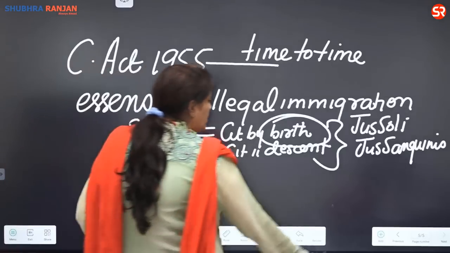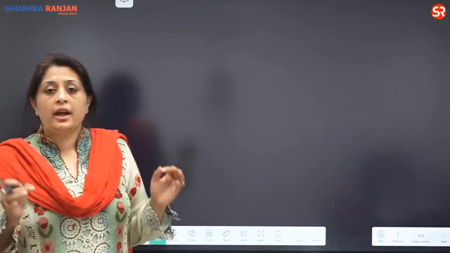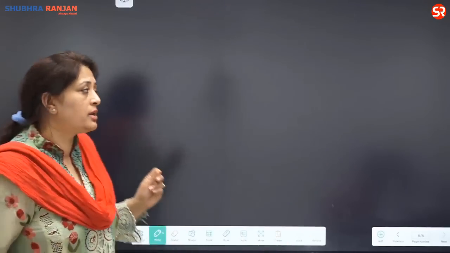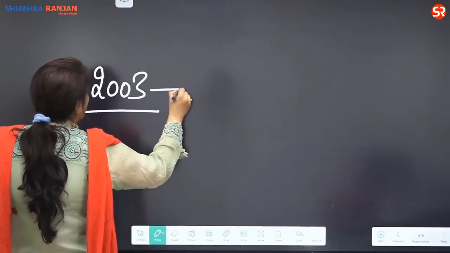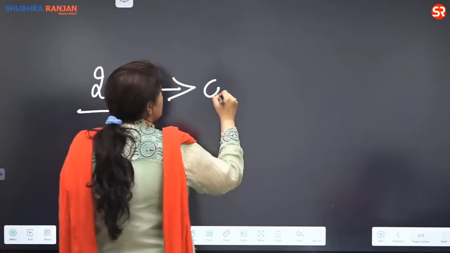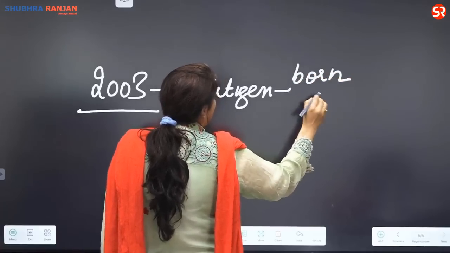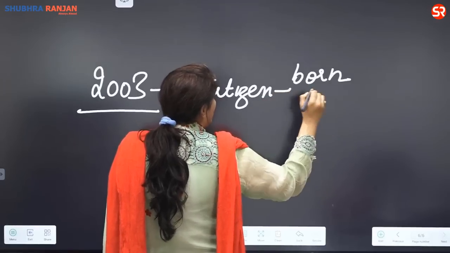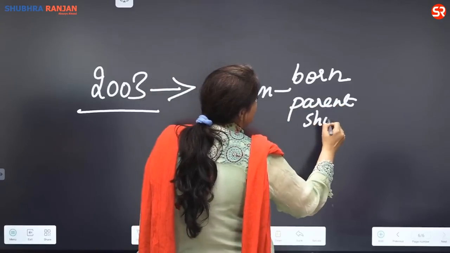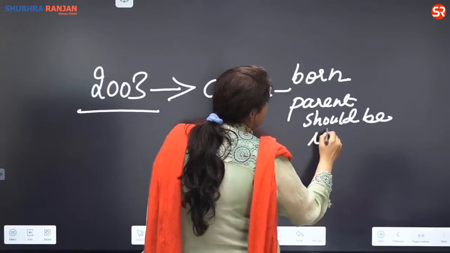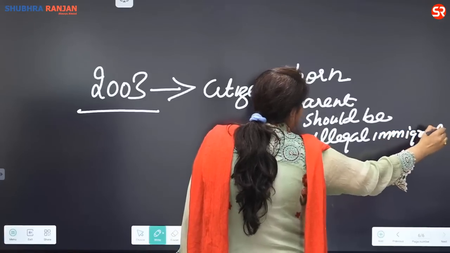Now, considering the unrest in the Northeast and especially in Assam, which even the Supreme Court has acknowledged as an aggression on the country, in 2003 an amendment was added where it was held that a person will get citizenship if he is born in the country and both the parents are Indian, or at least one parent is not an illegal immigrant in the country.